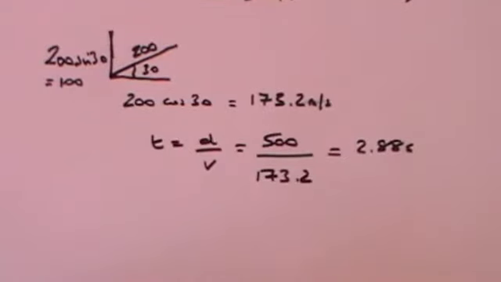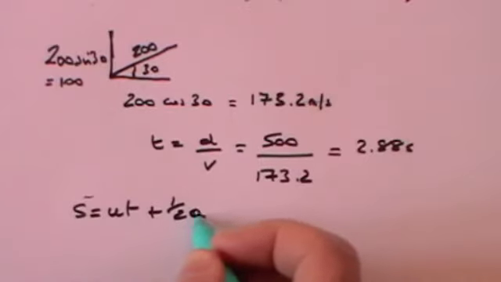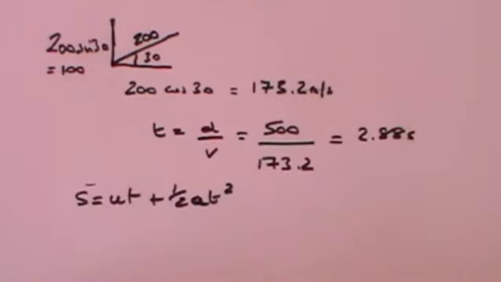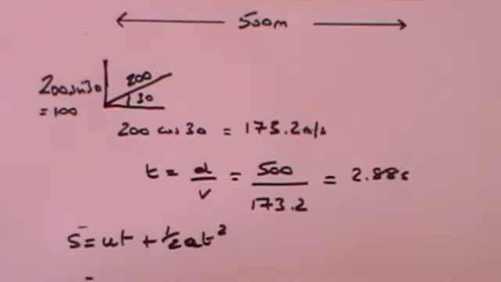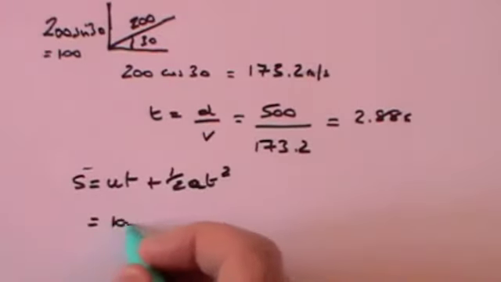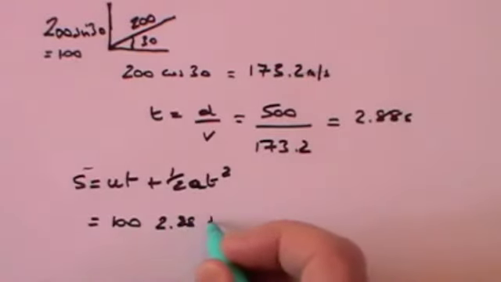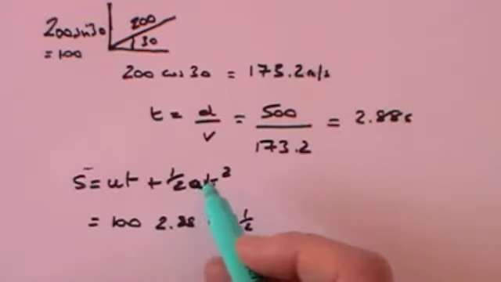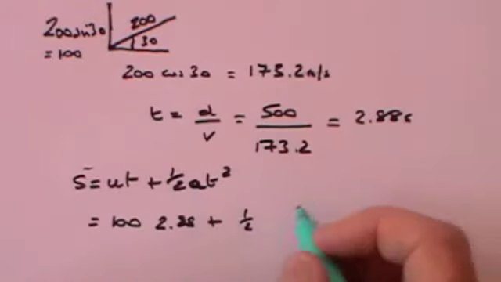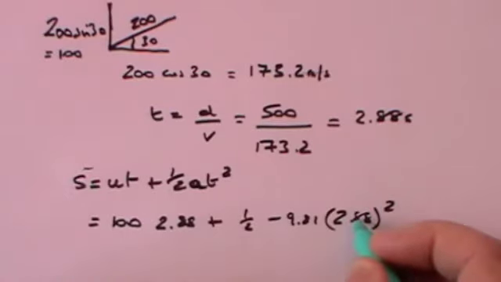For that we need the equation S equals ut plus a half at squared, and that's going to equal ut, well, the vertical velocity, remember we calculated, was 100, so u is 100, times t, which we just calculated, 2.88, plus a half times a, which is acceleration, which is acting downwards, so that will be minus 9.81, times t squared, which is 2.88 all squared.